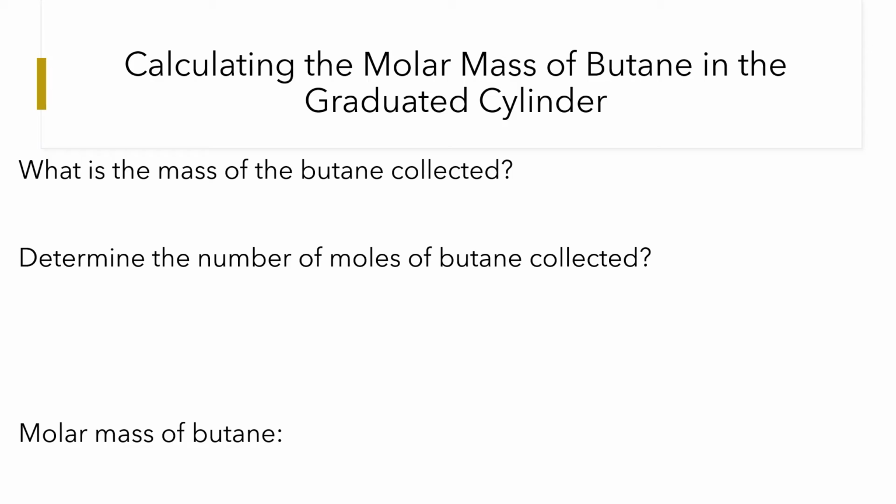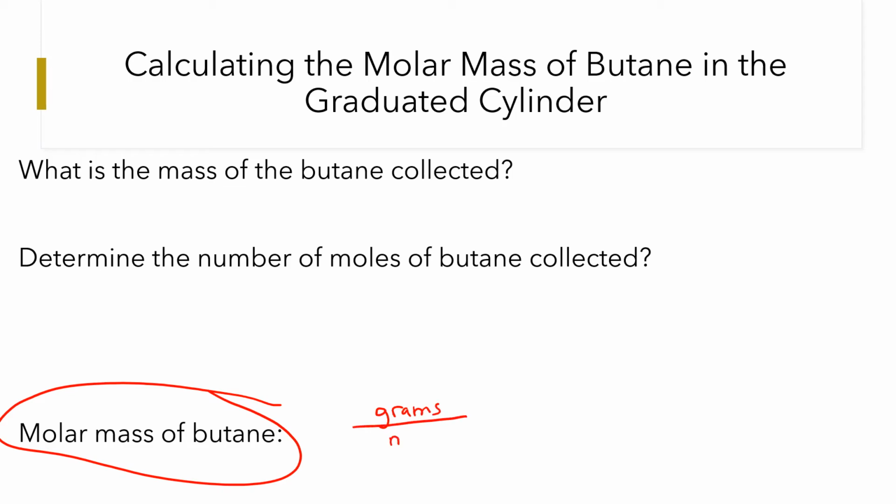So these are the three questions that we must answer in order to determine the molar mass of butane. Okay? Well, just a reminder from the previous slide that the molar mass is calculated as grams divided by moles. So I'm going to use the ideal gas law to determine the number of moles, and for the grams, I'm going to use the experimental data that I got.